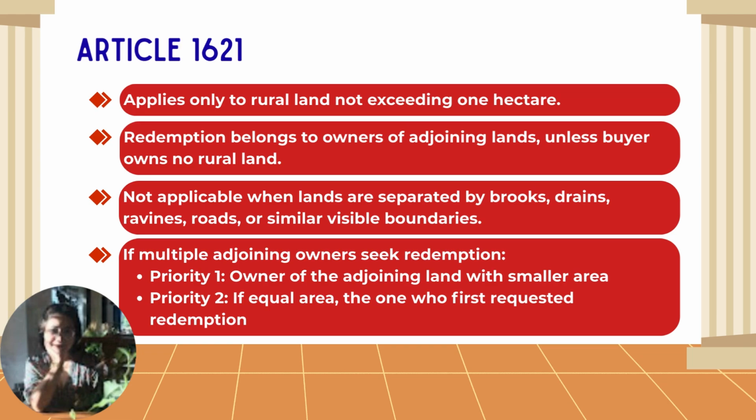And the right is also not applicable when the lands are separated by brooks, drains, roads, or similar visible boundaries. If multiple adjoining owners seek redemption, the owner of the adjoining land with the smaller area has priority. If the areas are equal, the one who first requested redemption has priority.